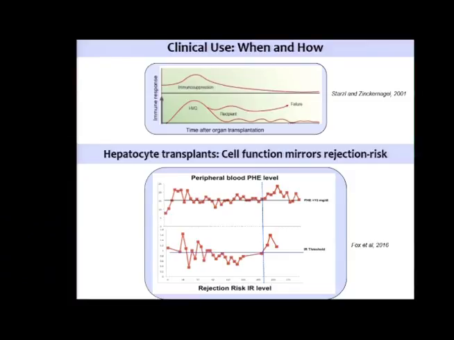Well, a colleague of ours has been doing hepatocyte transplants in metabolic disease, liver metabolic disease. Here's a patient with phenylketonuria, and these folks have a pretty high PKU level. It's a toxic metabolite.